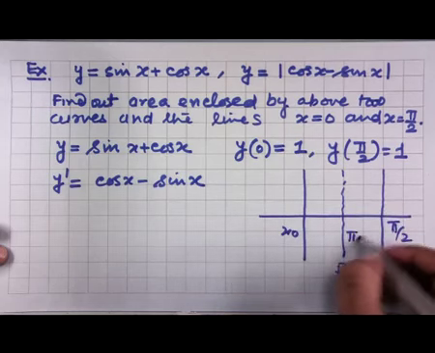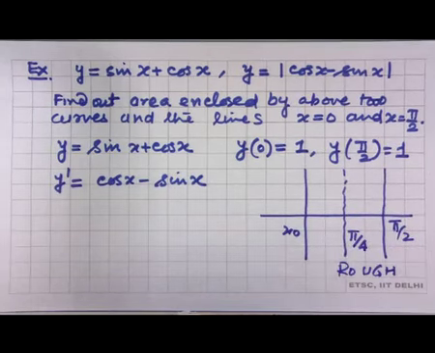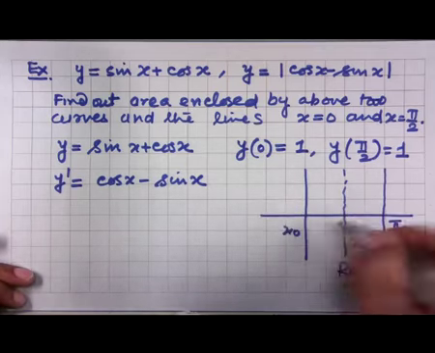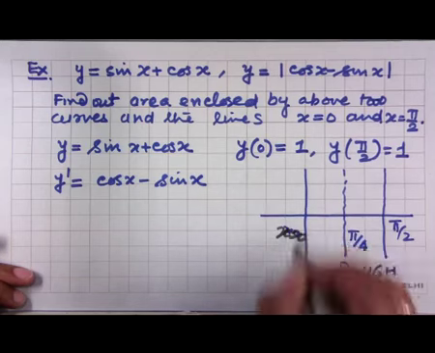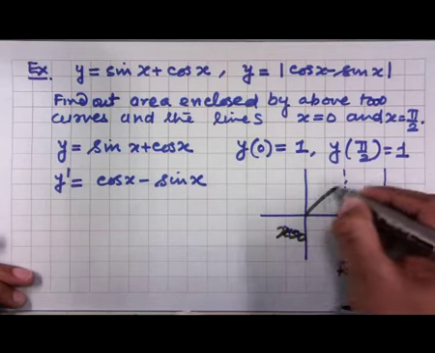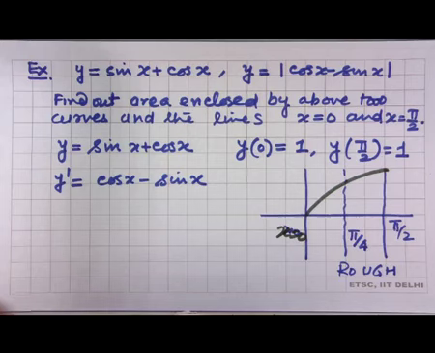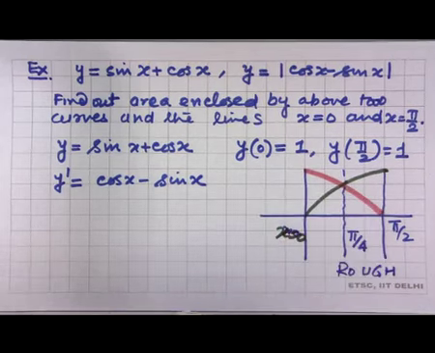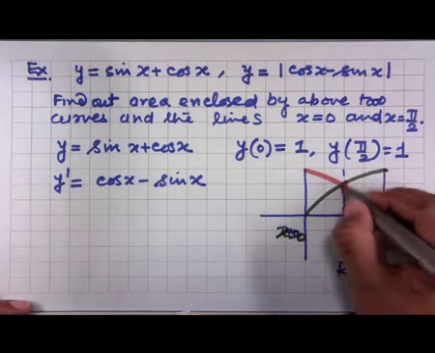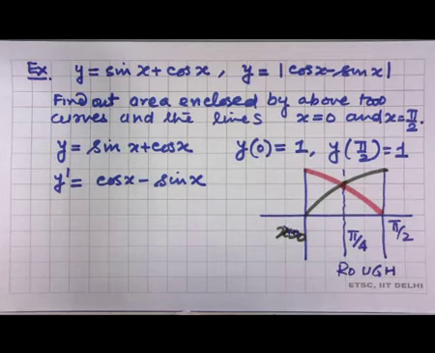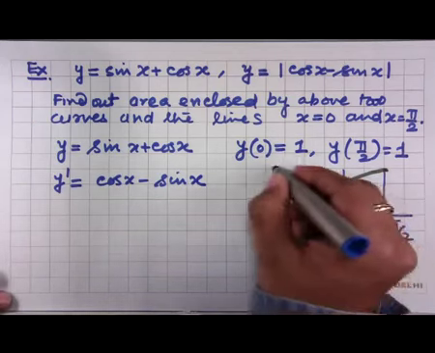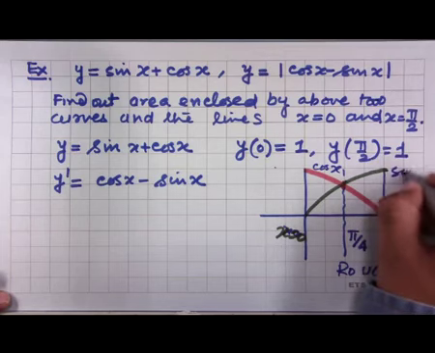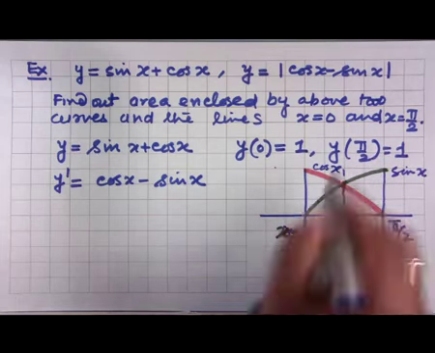They are equal at pi by 4. So the graph of sin x from x equals to 0 to pi by 2 is this, and for the graph of cos x, the plot will be like this. So they have the same values at pi by 4. You can see that the black one is sin x and the red one is cos x.